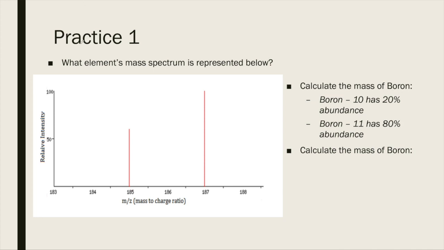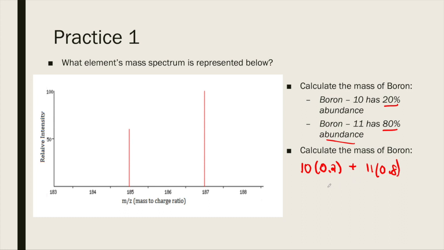So here, calculate the mass of boron. Boron 10 has 20% abundance. Boron 11 has 80% abundance. Calculate the mass of boron. And this is a different question than what's on this table here. So what do we do here? This was the very first problem we did. We did 10 times 0.2 plus 11 times 0.8, right?